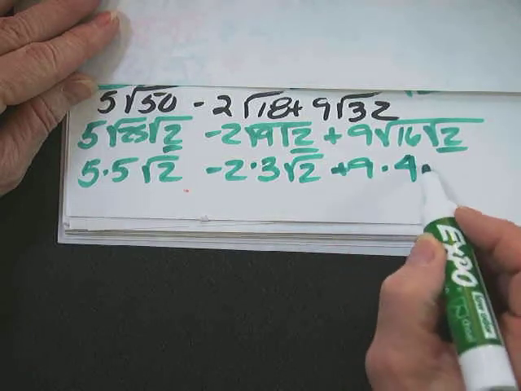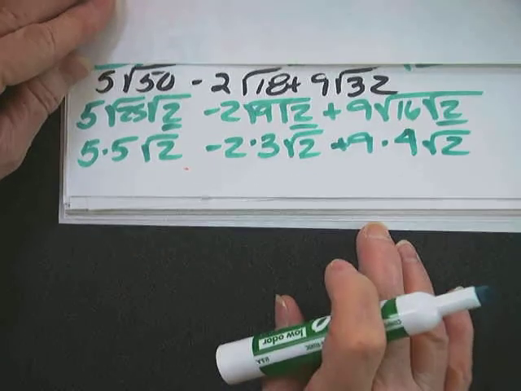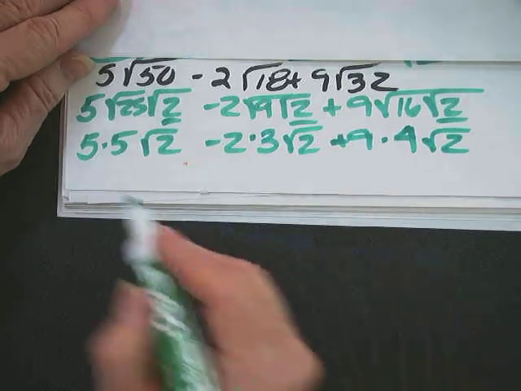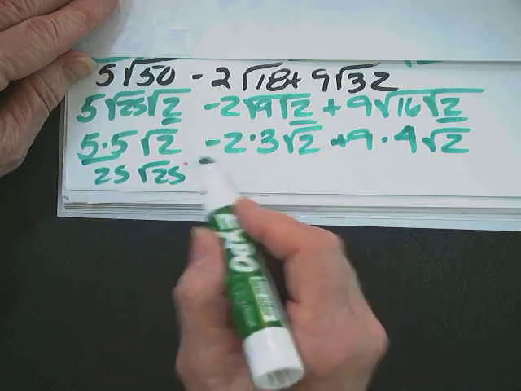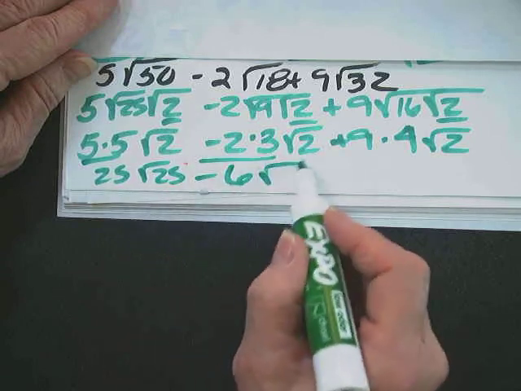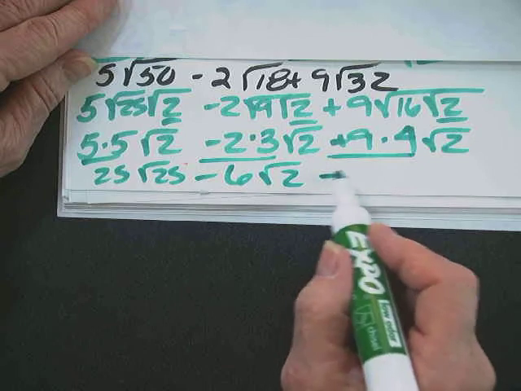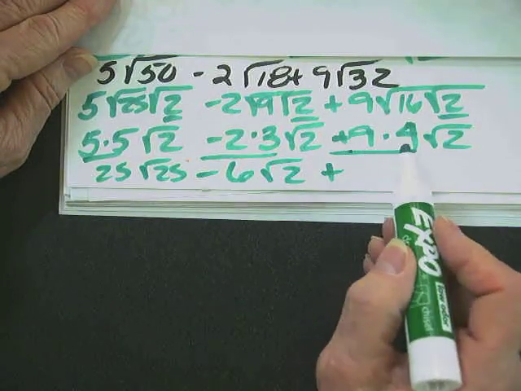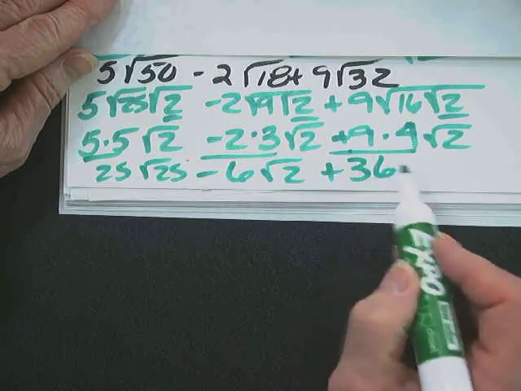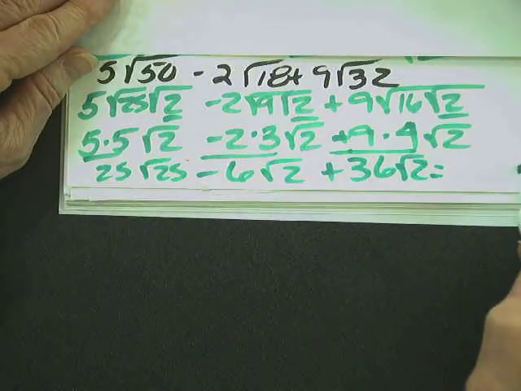Okay. So we have 5 times 5, square root of 2. 2 times 9, not 9, 3, square root of 2. 9 times what? 4, square root of 2.